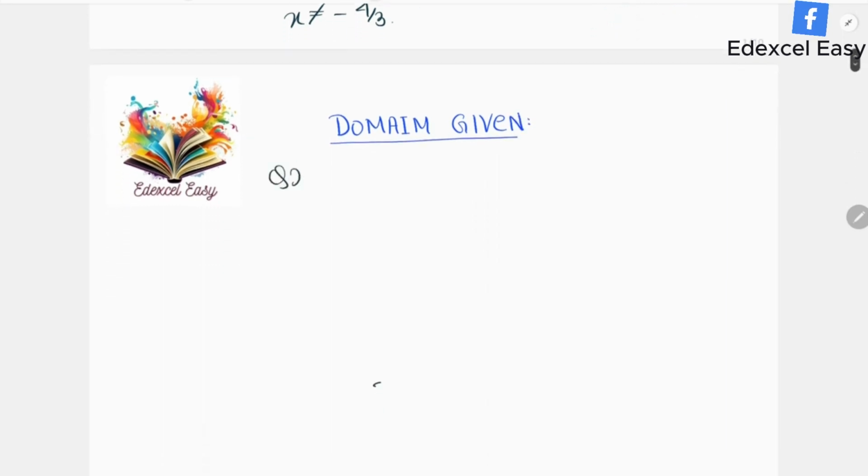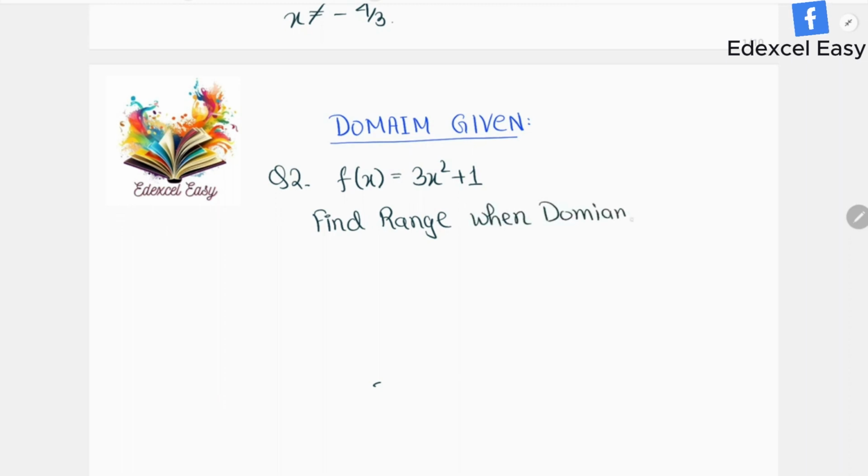In this part, the question might appear like this: now you have an equation f(x) equals 3x squared minus 1, and they want you to find the range when the domain is given as a set. For example, the set 1, 0, minus 1. These are the three domain values for this equation, and you need to find the corresponding values of range for each domain.